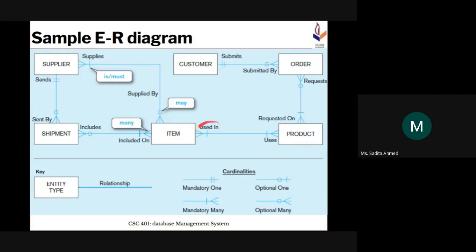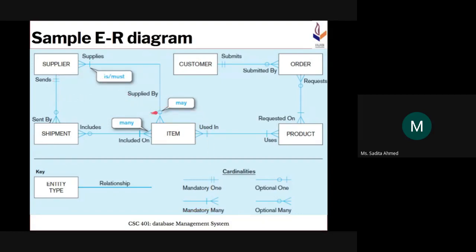Look at this one here. Right beside this crow's foot, do we have a circle? No, we have a line. There's a significance for that. When the crow's foot is attached to a circle, it represents optional many. When it's attached to a line, it represents mandatory many.